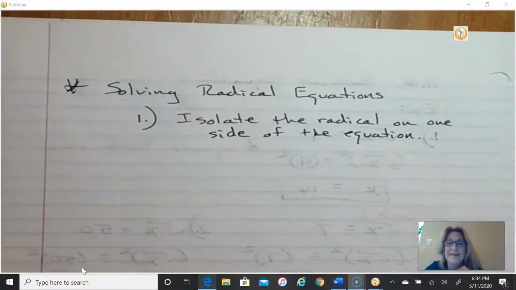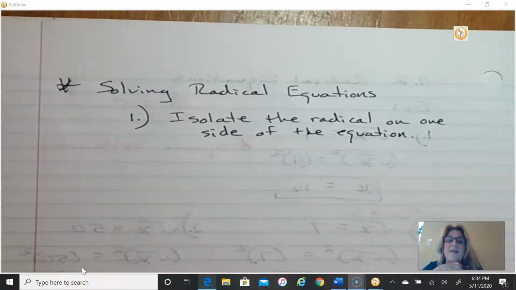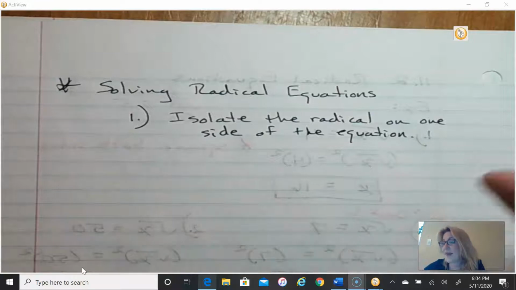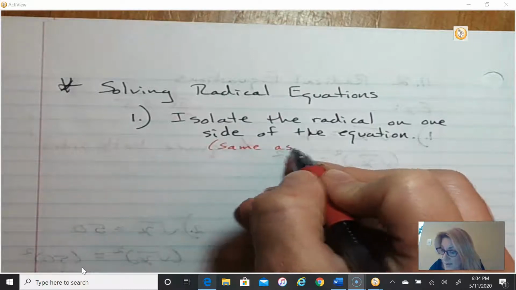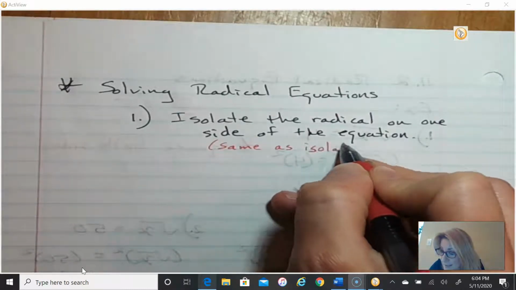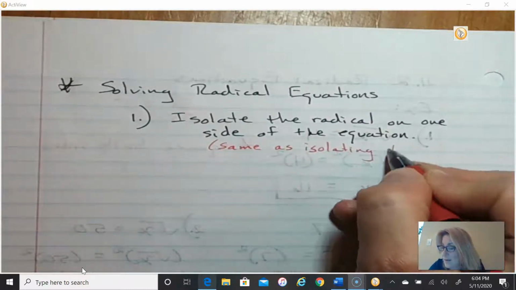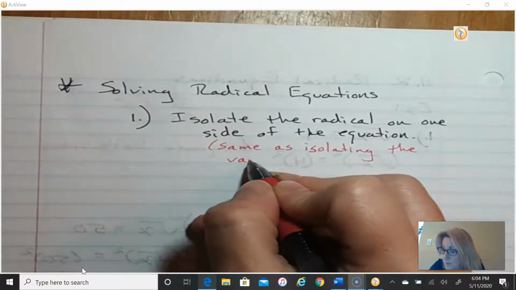Guys, this is the same as isolating the variable.